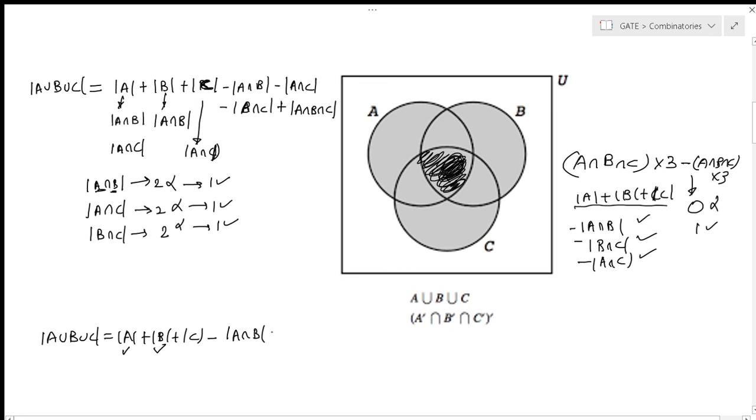Similar story for the A intersection C and the B intersection C. In these three terms, we had added A intersection B intersection C three times. A intersection B intersection C is also a subset of these three terms, so we subtracted it three times. But how many times did we want it? Exactly one time. So by how much are we missing the count? By one. So we need to add it one time, A intersection B intersection C.